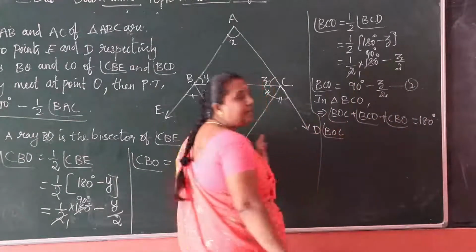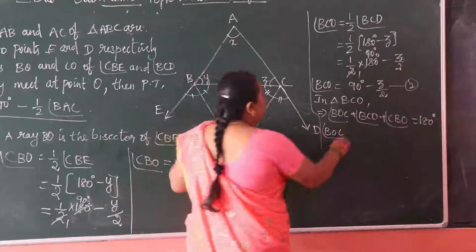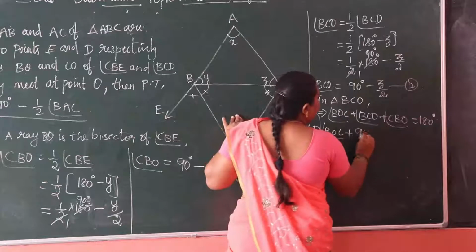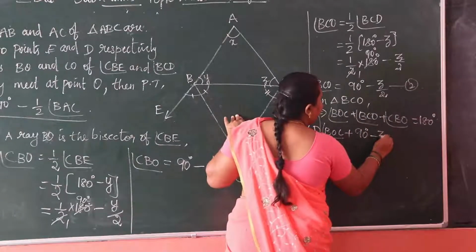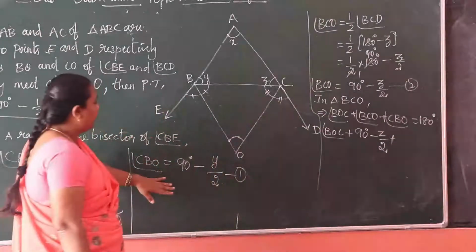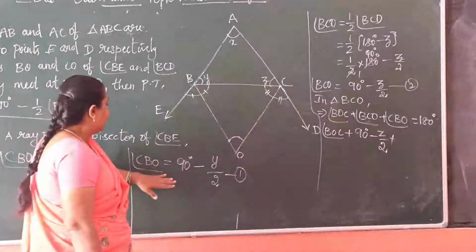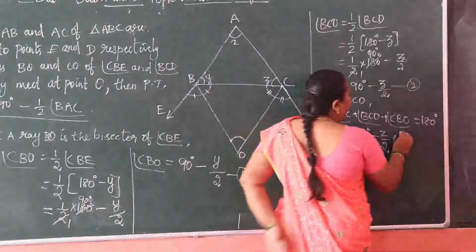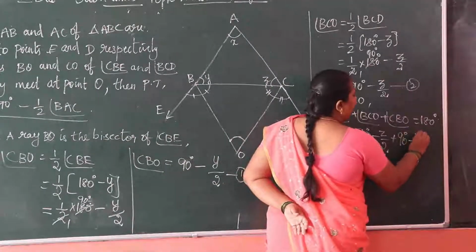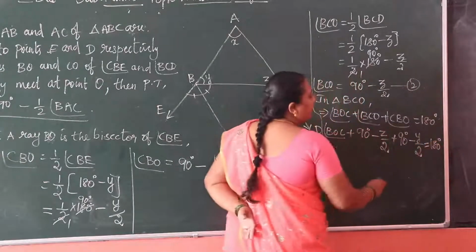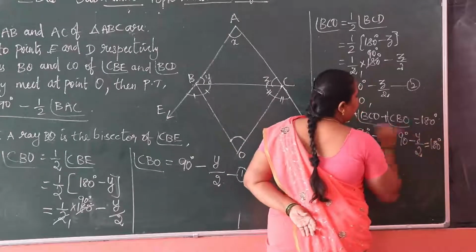Angle BOC we can write as it is, plus angle BCO, which equals 90 degrees minus Z by 2, plus angle CBO. See equation 1: CBO is 90 degrees minus Y by 2. So that equals 180 degrees.